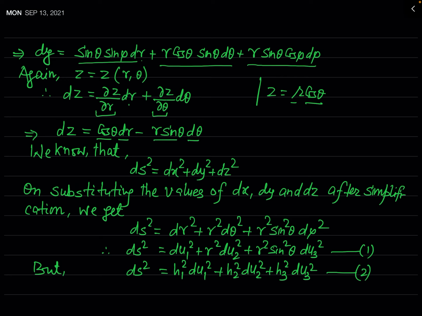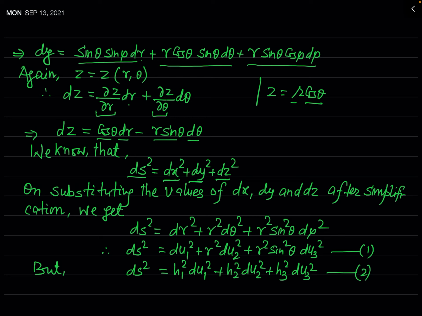Now, as you know, in the Cartesian coordinate system, the square of the arc length, which we denote by ds square, is simply equal to dx square plus dy square plus dz square. As we have obtained dx, dy and dz just now, when you put their values in this equation, you will get the value of ds square.